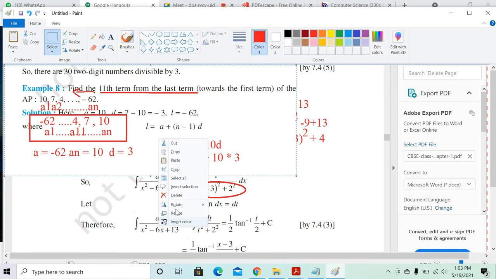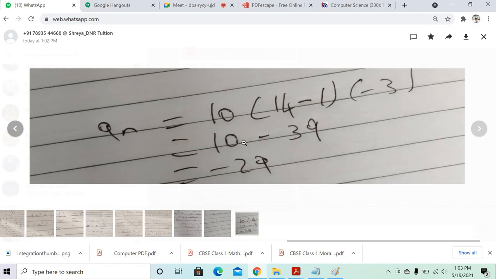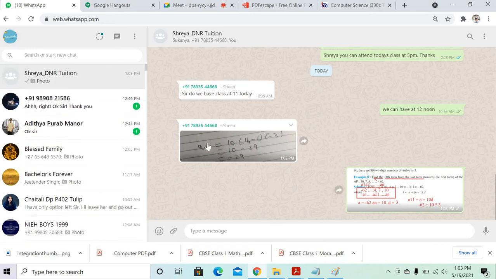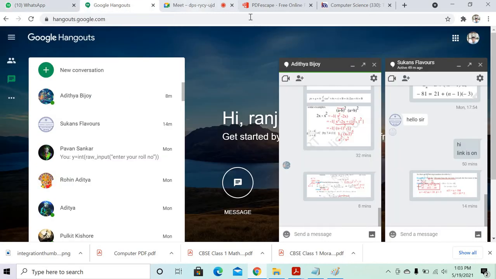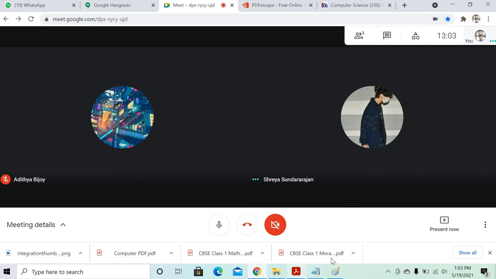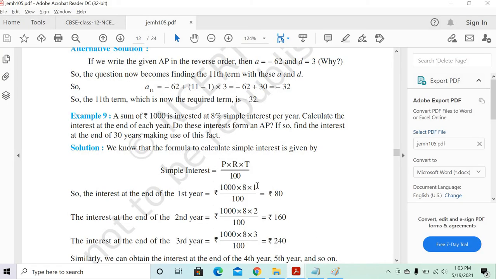Just check that part. Correct, no? Yeah, so the common difference is 3.